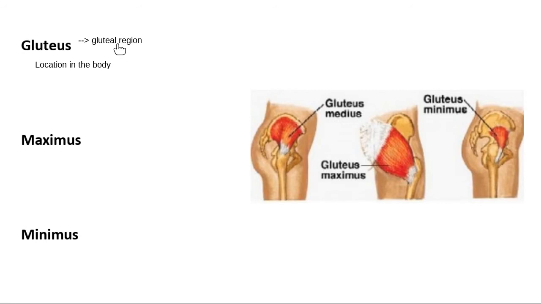Another kind of information that I can find from the name of a muscle is things about its general size. Things like the word maximus, things like the word minimus. You can also see in my picture here, we also have a gluteus medius.